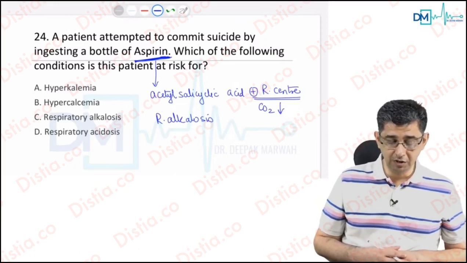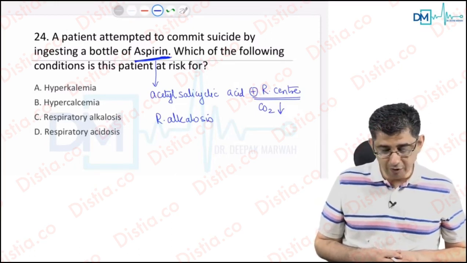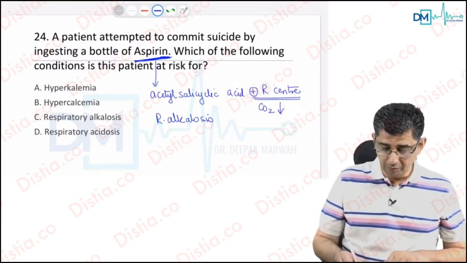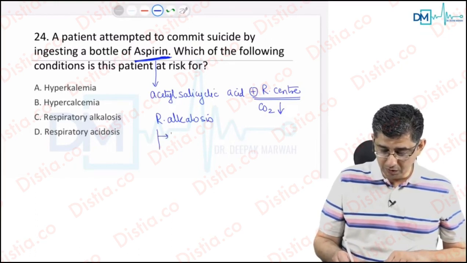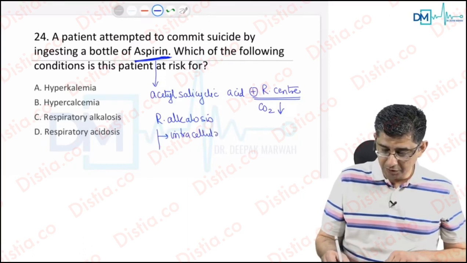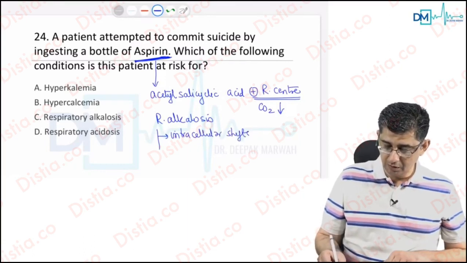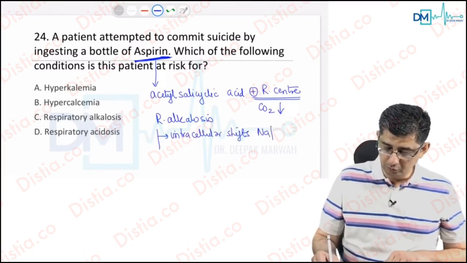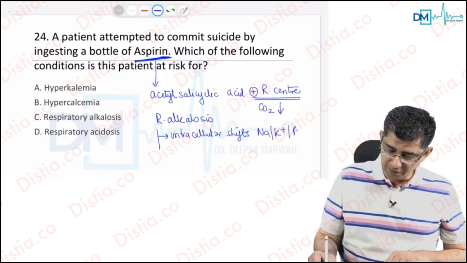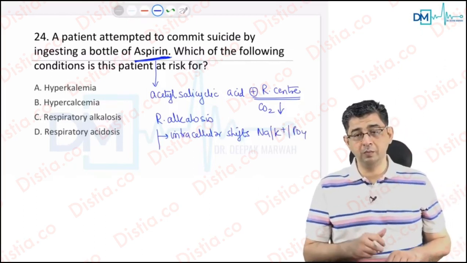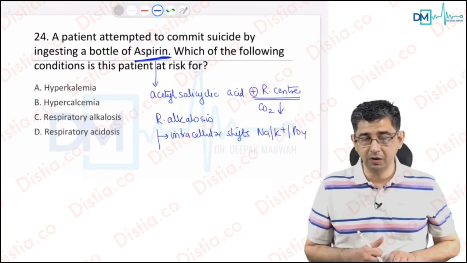The question, however, says what condition is he at risk for? Then I want you to remember that respiratory alkalosis and carbon dioxide depletion in the body cause an intracellular shift of ions. The ions that tend to move in are sodium, potassium and phosphate. So these will become lesser in the body of this patient.